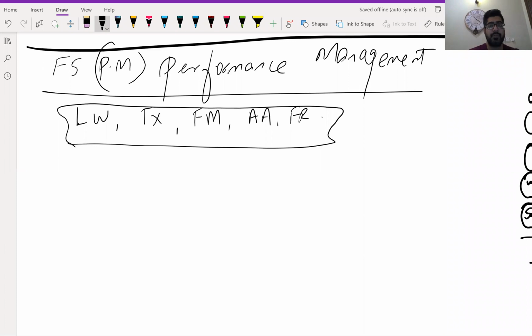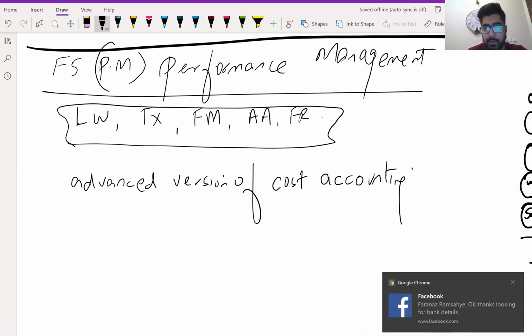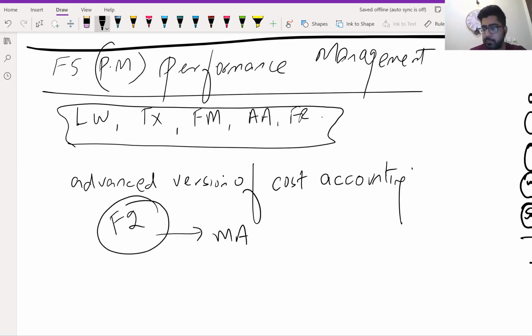Now, Performance Management, basically people call this paper the advanced version of cost accounting, and it brings the knowledge from F2 Management Accounting.